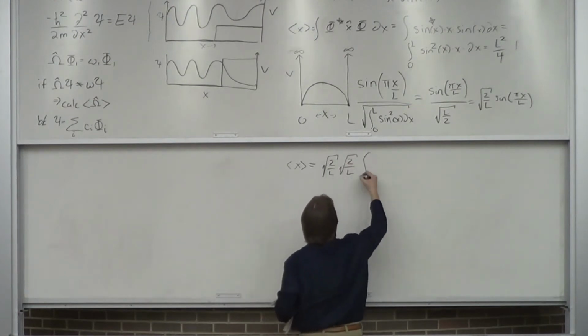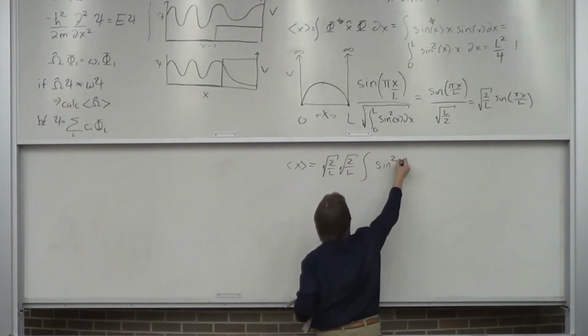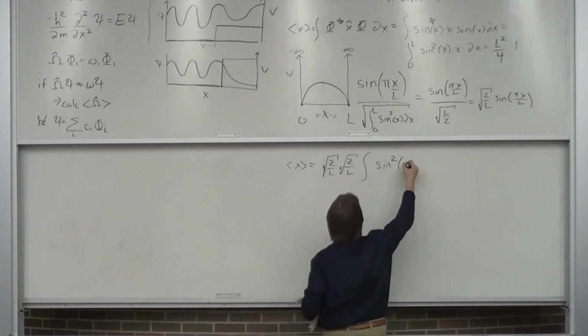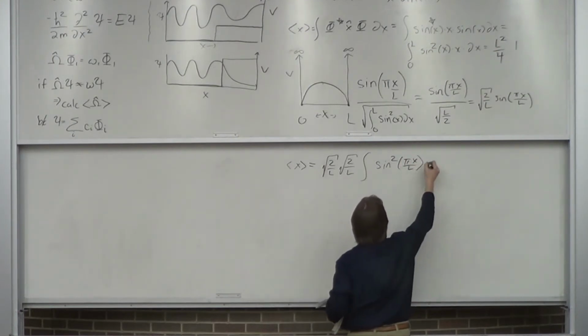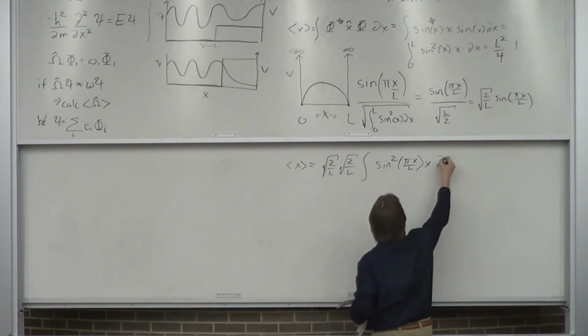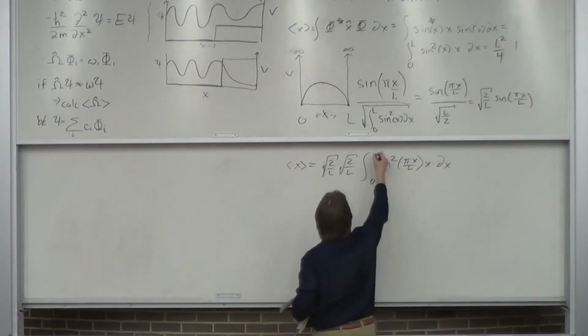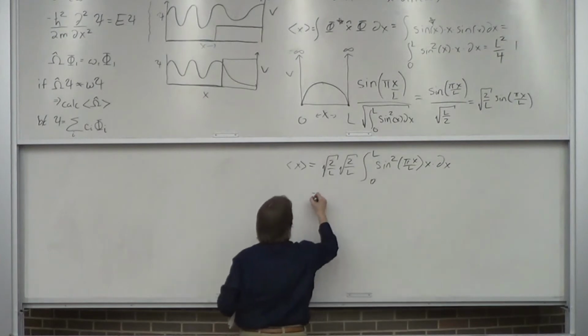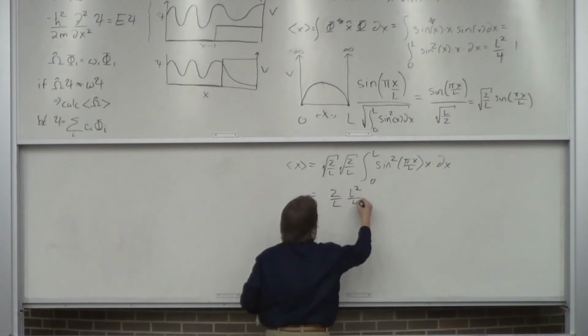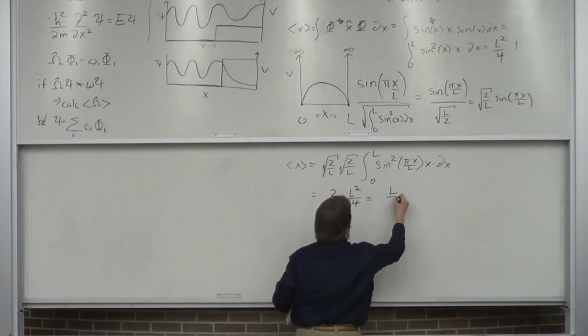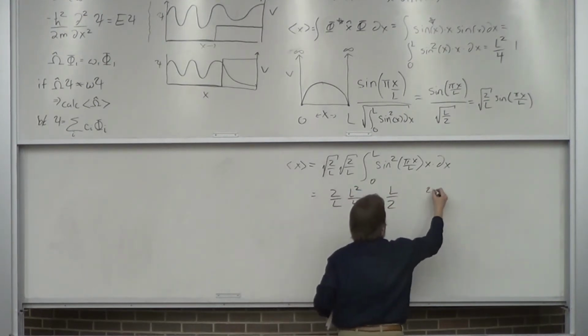The function appears twice, sine squared, so you get 2 normalization constants. This is the same, just like I described last time. Of course, it still integrates to the same thing, so this is 2 over L. It still integrates to L squared over 4, and this ends up being L over 2, which makes sense.